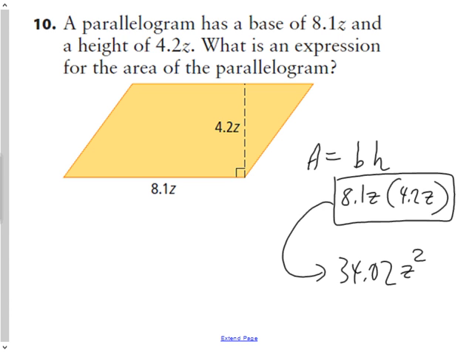Z squared would be the algebraic part. And since we're dealing with area, it's square units, whatever these happen to be. So 34.02 z squared units squared is the area.